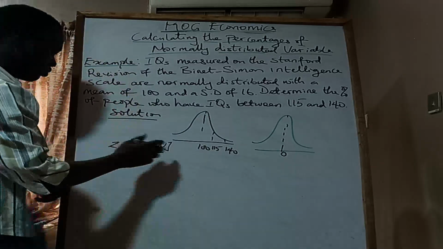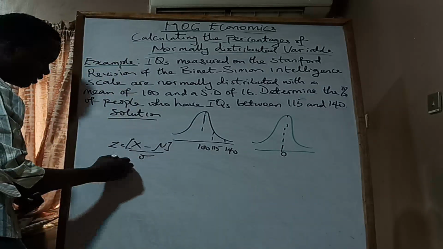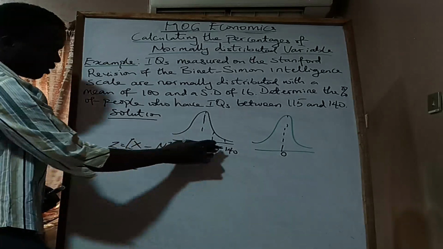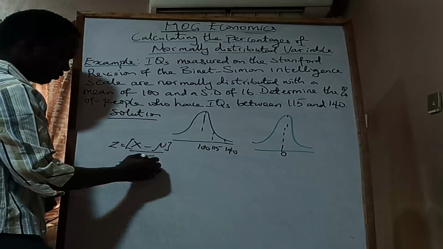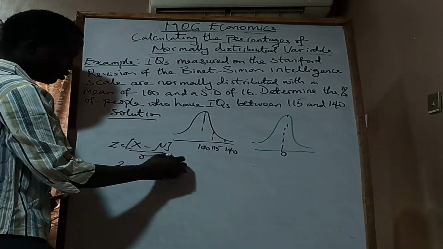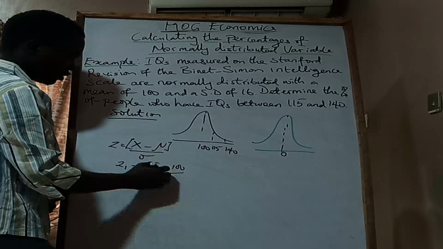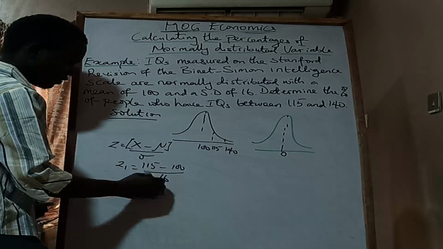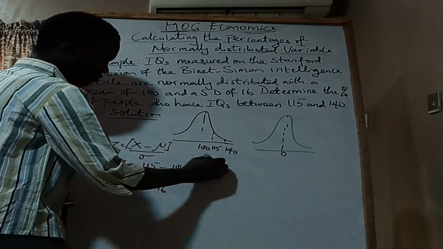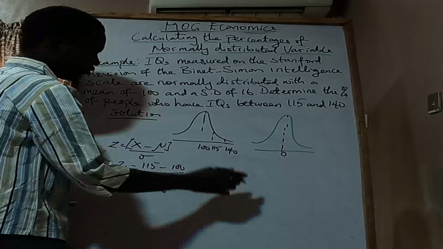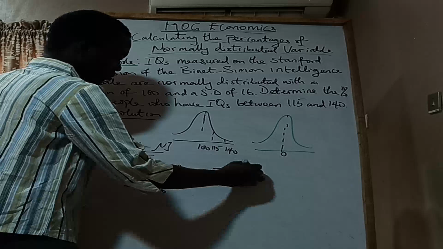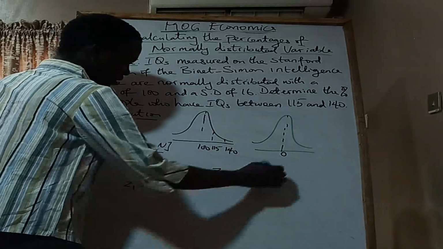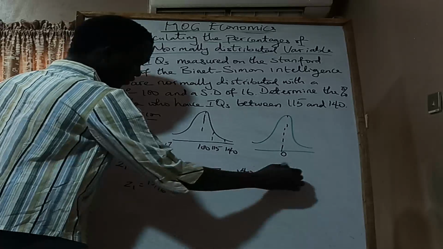For the first one, z1 is the first z-score. x is 115, minus the mean 100, then divided by the standard deviation of 16. So z1 equals 15 over 16. How about z2? z2 equals 140 minus 100, divided by 16, which is 40 over 16.